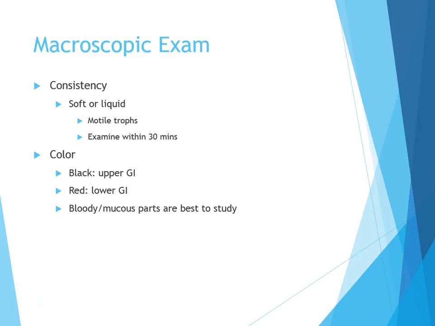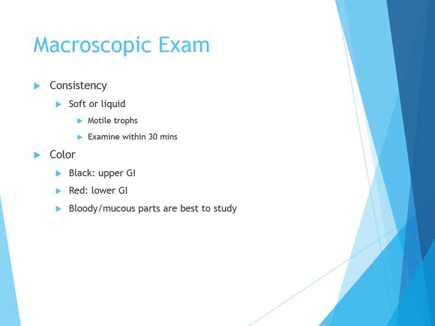The color: if the stool is really black, this could indicate an upper GI bleed, and that's from old blood. If the blood is red, it could indicate a lower GI bleed.